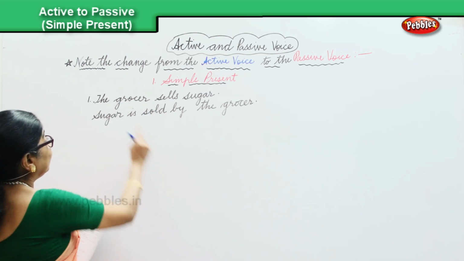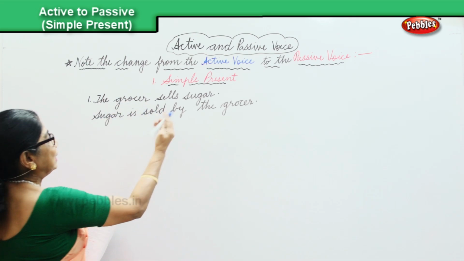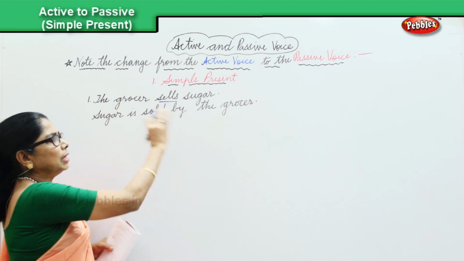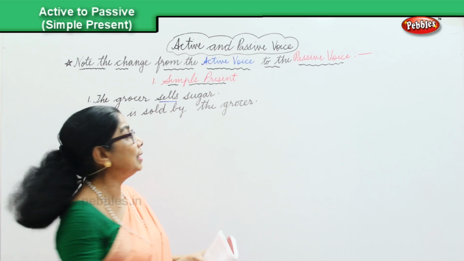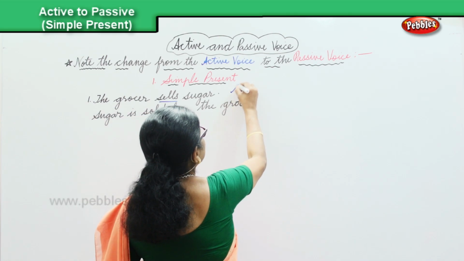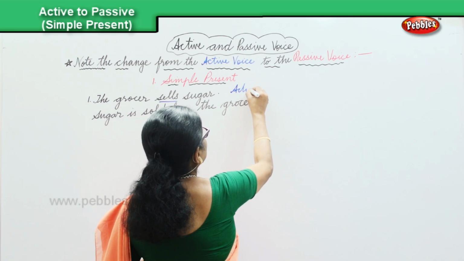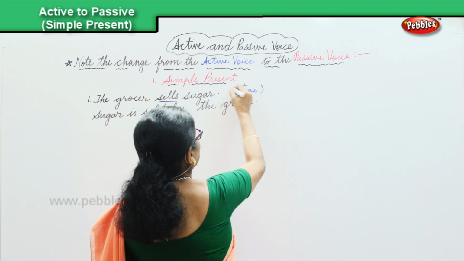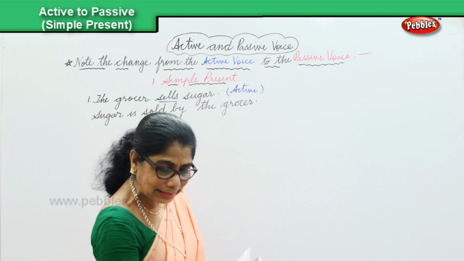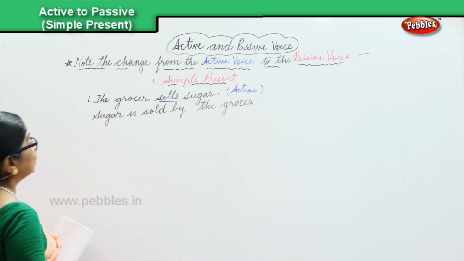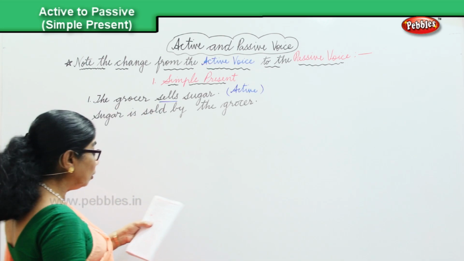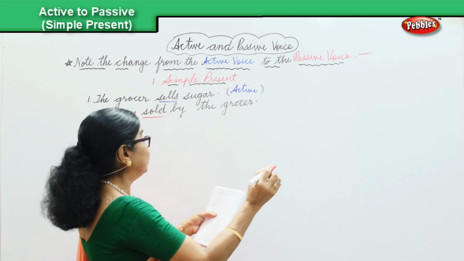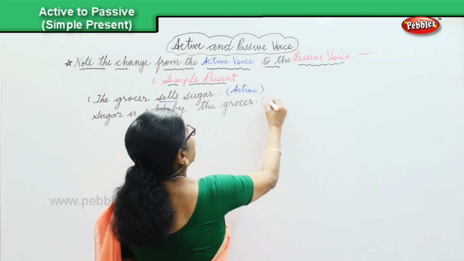Now, the grocer sells, the verb very clearly sells. The grocer sells sugar. Active. This is the active voice. Now, look at the second sentence. Sugar is sold by the grocer. Sold by the grocer. It's passive.